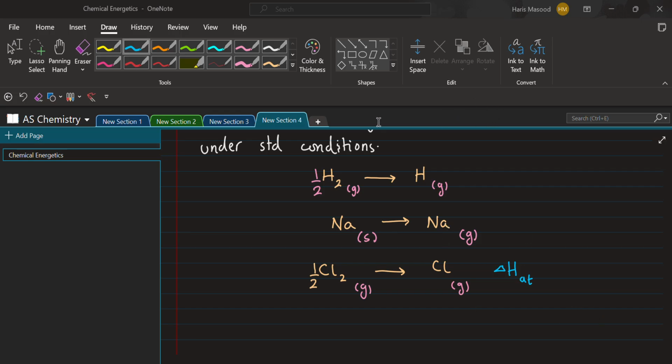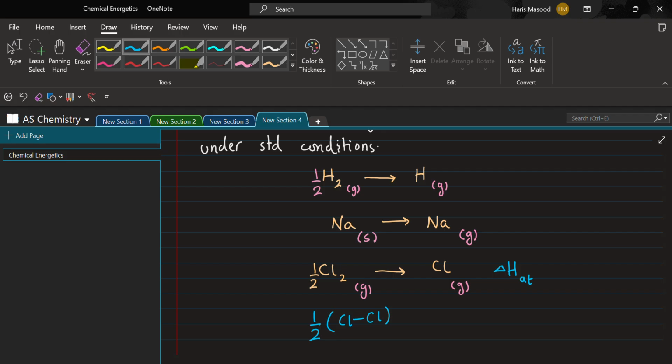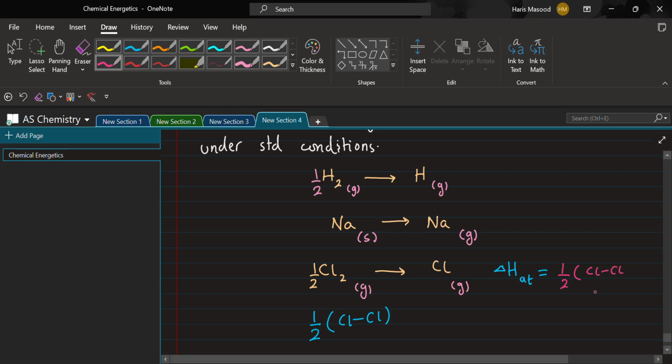I'll write it here, because we can see what we are doing here. We are doing half of the Cl bond energy. So the atomization value will be half the Cl bond energy.